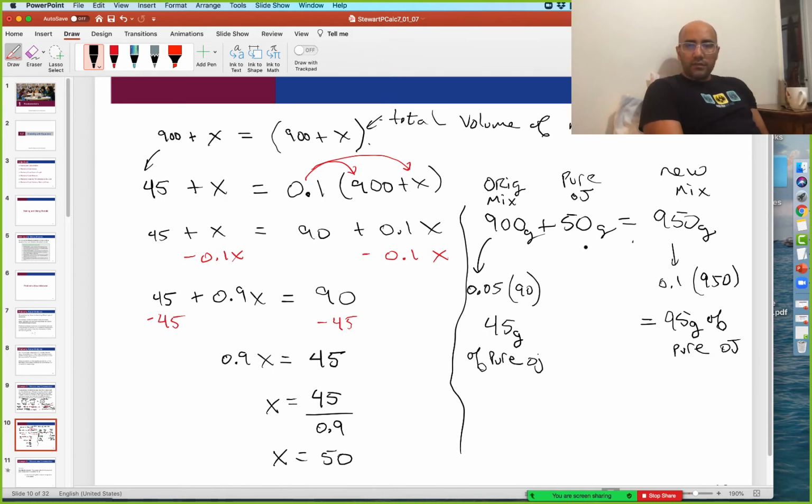And now, thanks to this new regulation, they had to add 50 gallons of pure OJ. And now that makes sense. 45 plus 50 gives you the 95 gallons in the mixture. So it makes sense that this is the answer. Add 50 gallons of pure OJ. Any questions about this? No?